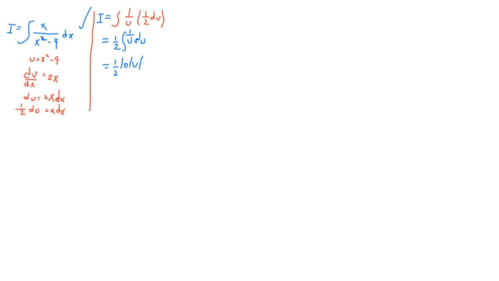And you don't need to worry about the constant of integration. And so you get 1/2 times the log of the absolute value of x squared minus 9.